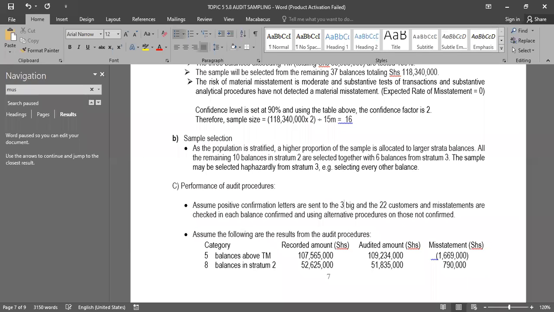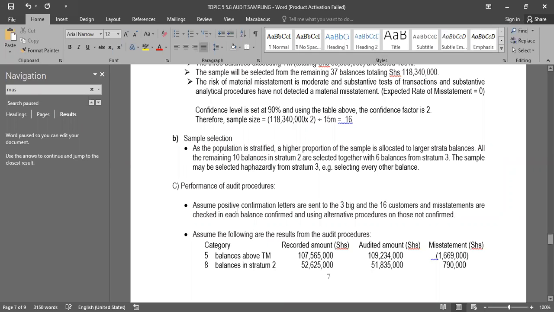The 3 big, the specific items, and then the customers in the sample, not 22 but 16 rather. Misstatements are checked in each balance confirmed, using alternative procedures on others not confirmed.